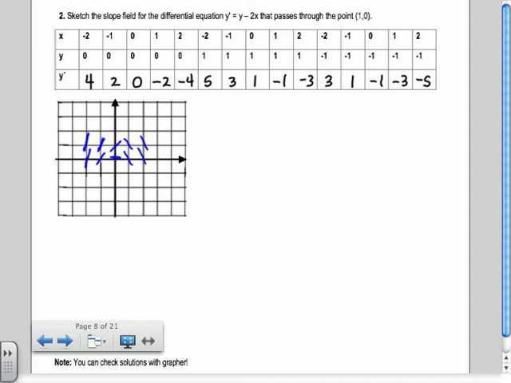At (-2, -1), I have 3. At (-1, -1), I have 1. I can't really tell on this one. It's looking weird. At (0, -1), I have -1. At (1, -1), I have -3.